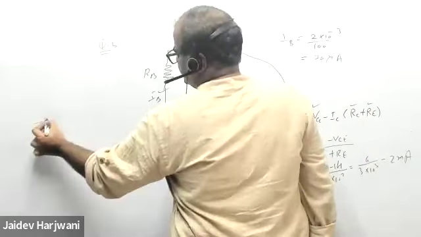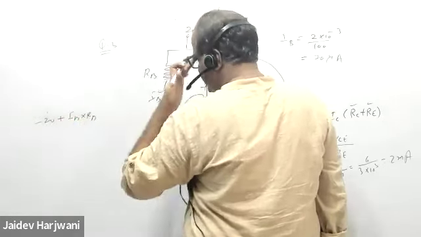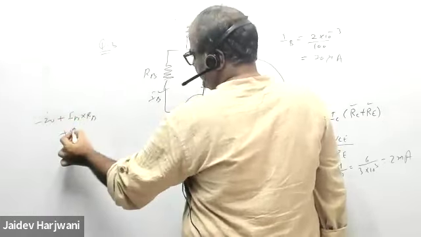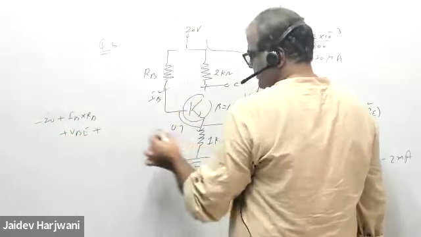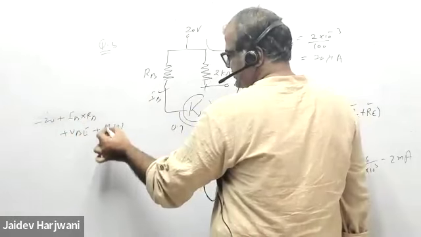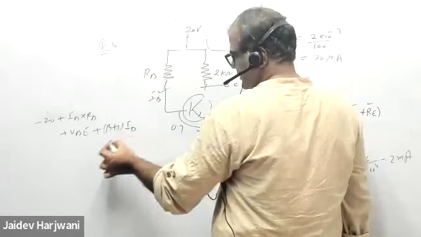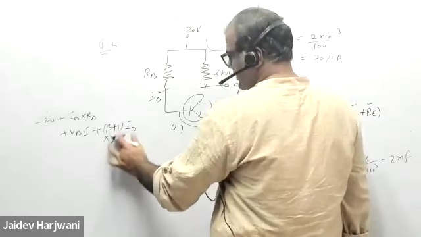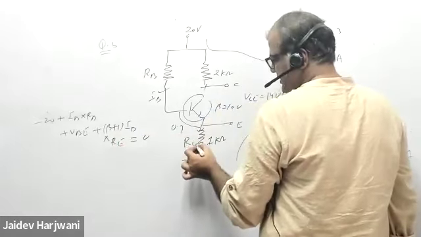Minus 20 plus IB into RB plus VBE plus beta plus 1 into IB into 1 kilo ohm, RE, equals 0. It is RE. I'm going this path.